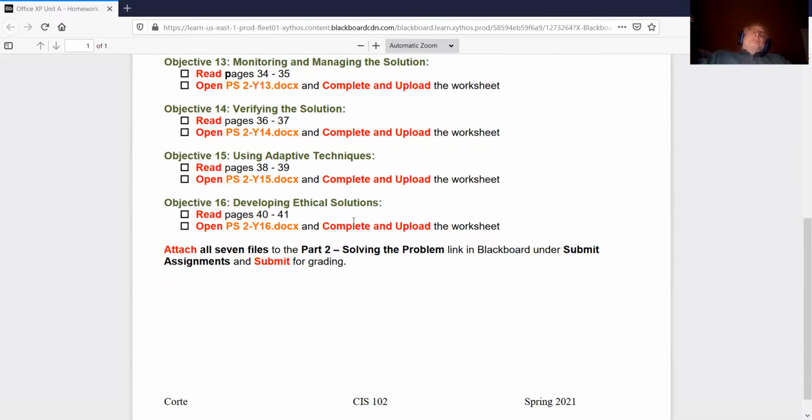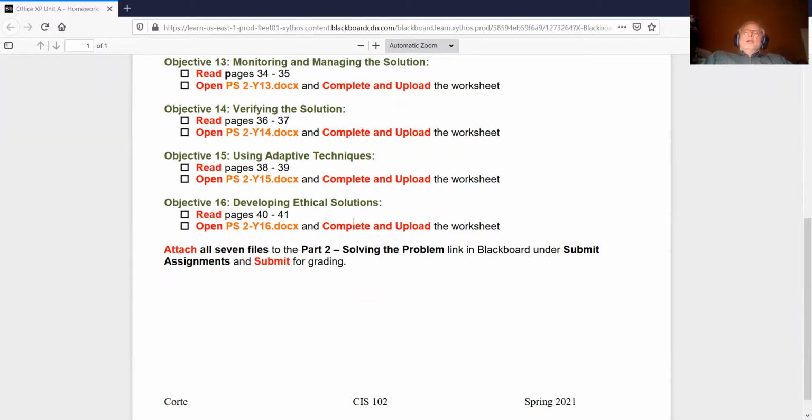Now, ethics, what do we mean by ethics? Well, an ethical solution is basically, if you apply it, the best possible solution for all circumstances.